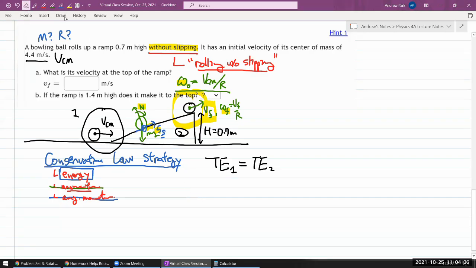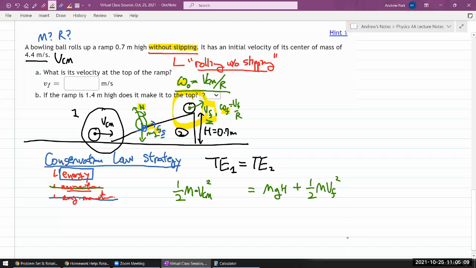Say that, okay, my total energy at snapshot 1, no gravitational potential energy, I have kinetic energy, so 1/2 mass of the ball times v center of mass squared, is equal to the total energy at the top. Now I have gravitational potential energy, mgh. And from the wording of the question, I feel like this won't be 0. So I have plus 1/2 m v final squared.